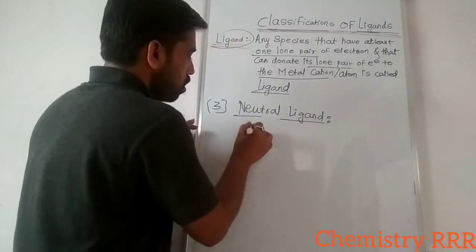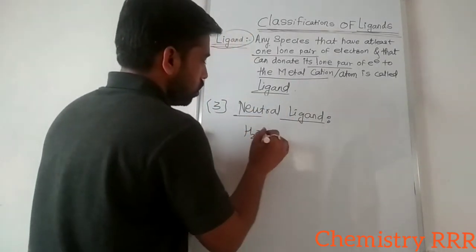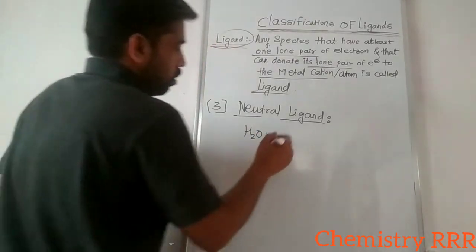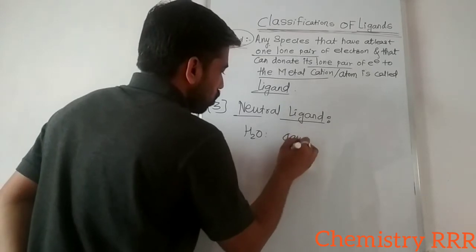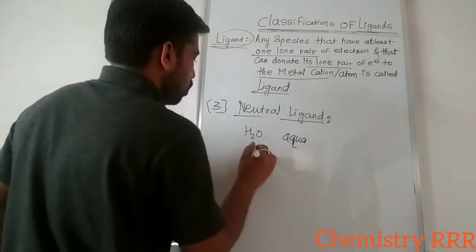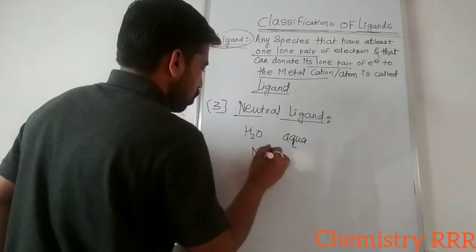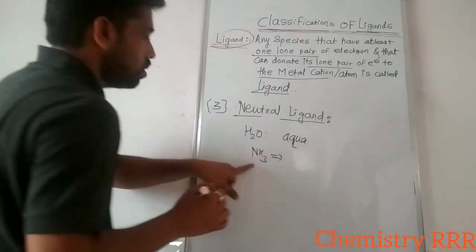For example, H2O is our water molecule, but the ligand name is aqua. Then the common name for this is ammonia.